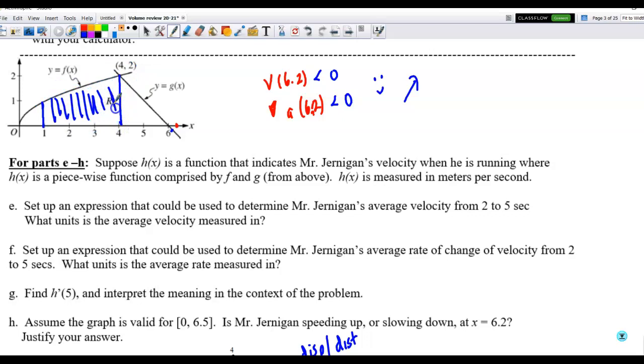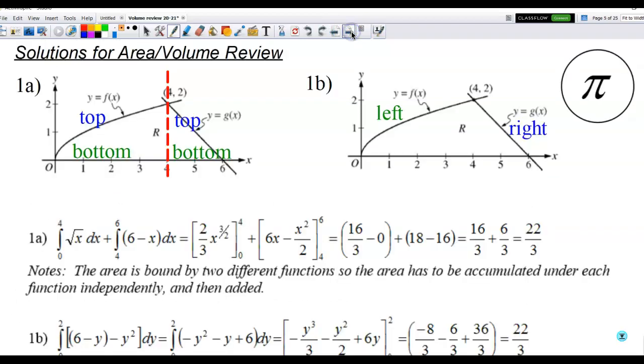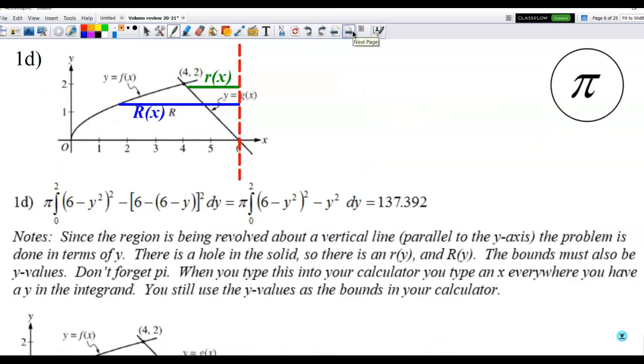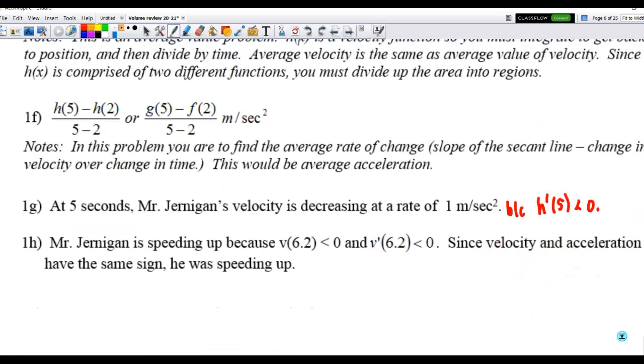Therefore, I could say that the definite integral represents the displacement Mr. Jernigan traverses from 1 second to 4 seconds. I could say the total distance traveled by Mr. Jernigan, or I could say change in position, and all of those would be totally correct. I have no idea what I wrote on the answer sheet, so let's see.